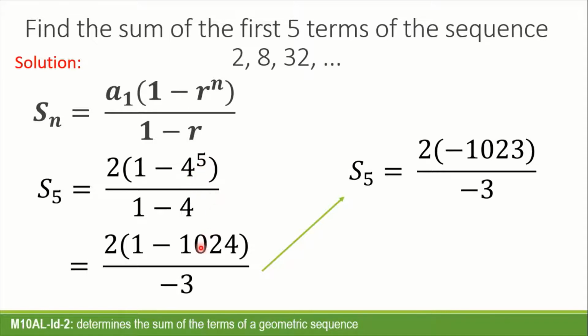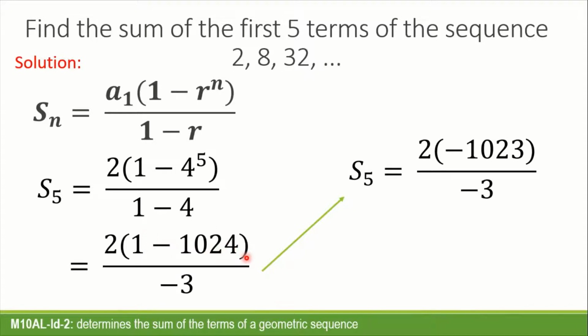Okay, so meron tayong 1024. Then we have 2 times quantity 1 minus 1024 all over. Saan galing si negative 3? Sinubtract natin itong nasa denominator. So, we have 1 minus 4 is negative 3. And then, simplify pa natin yung nasa loob ng parentheses.